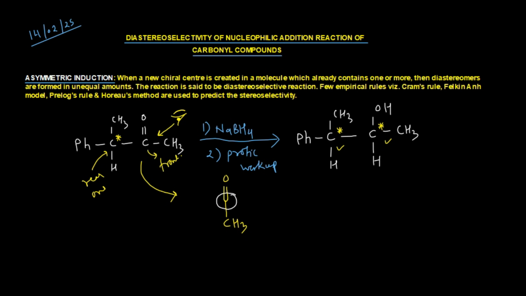So this circle represents this chiral carbon, and this chiral carbon has these three groups: Ph, CH3 and H.